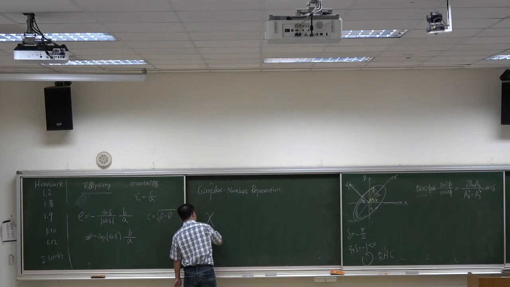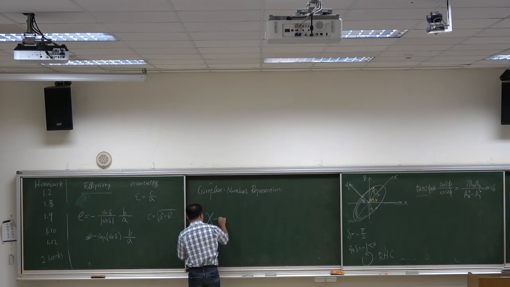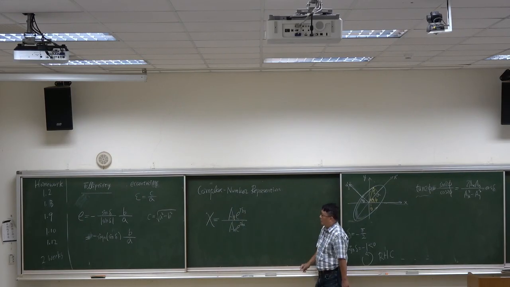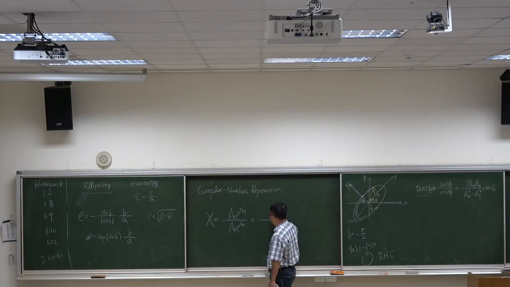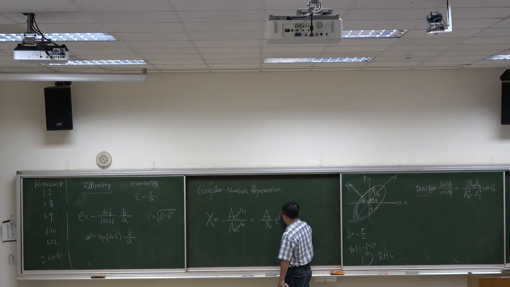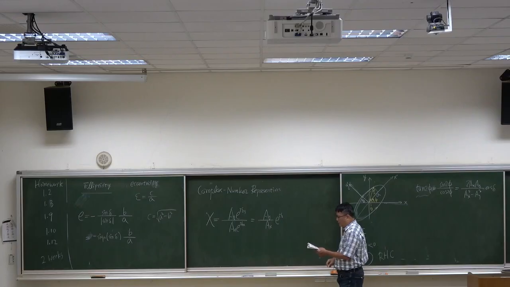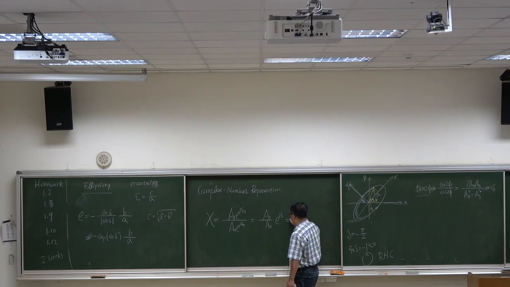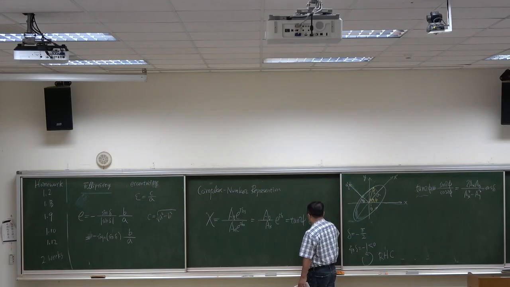Chi is simply the ratio of ay exponential i delta y to ax exponential i delta x. That's all. So this is written as ay over ax exponential i delta. And sometimes we define the ratio ay over ax as tangent psi, so chi is tangent psi exponential i delta.